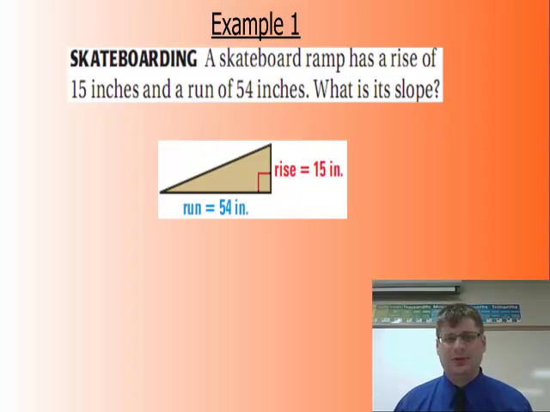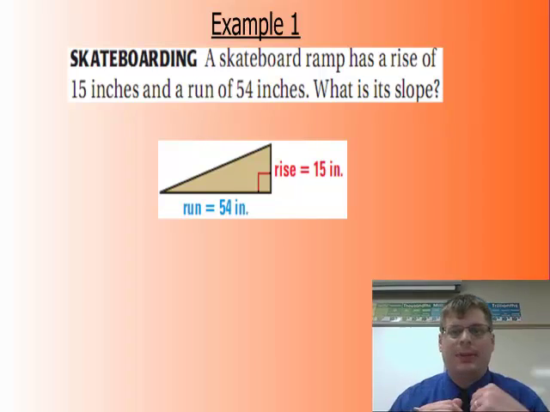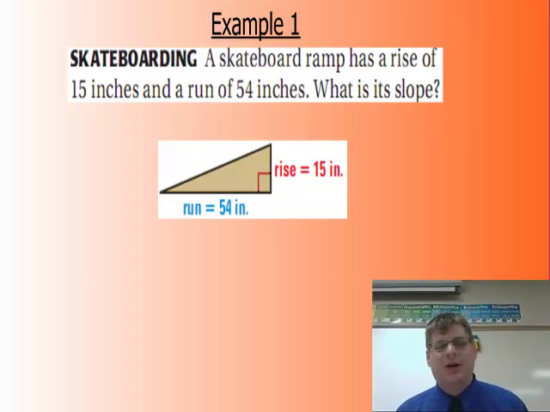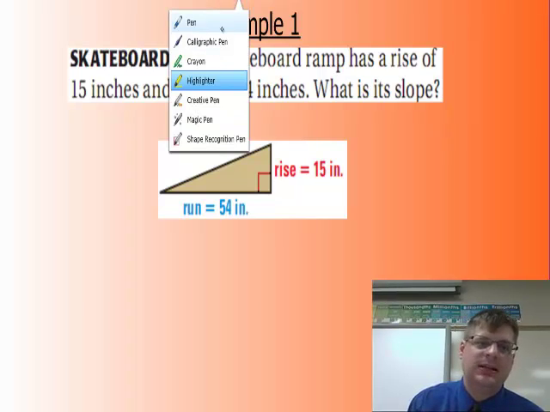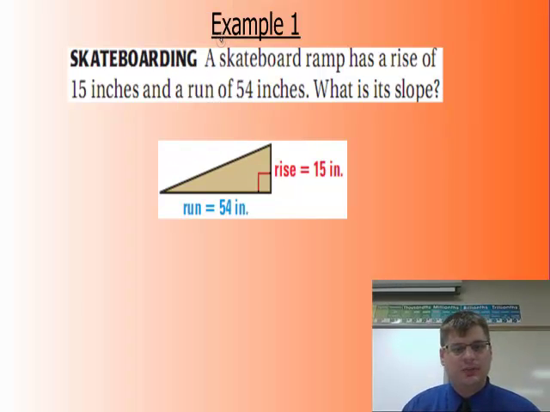Now, let's look at an example of where you might see slope. Here's a skateboarding example for all you skaters who like to skate on ramps. A skateboard ramp has a rise of 15 inches and a run of 54 inches. What is its slope? We have a handy illustration here.